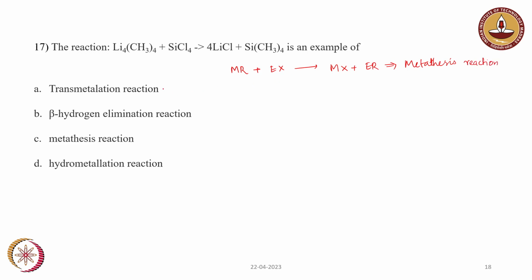In transmethylation, a metal will be replaced with another metal. In beta hydrogen elimination, hydrogen in the beta position will be removed and the alkane will be formed.